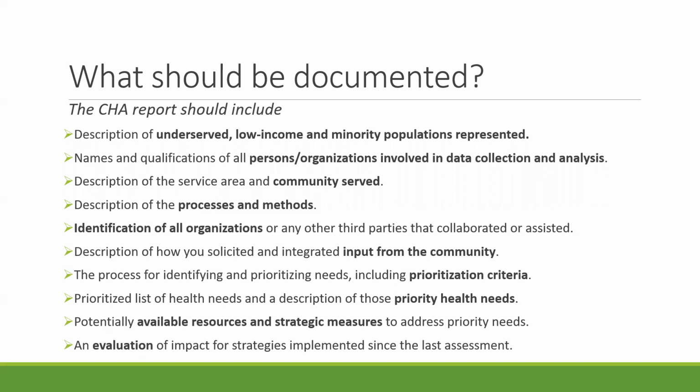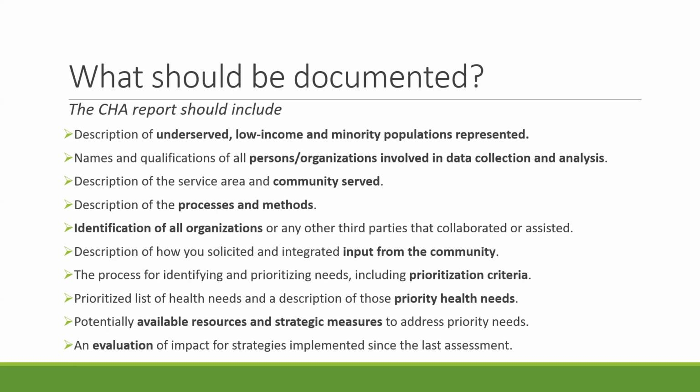The people and organizations that were involved in data collection and analysis. The service area or community served. A description of the processes and methods. Identification of all organizations that collaborated. A description of how you solicited and integrated input from the community.